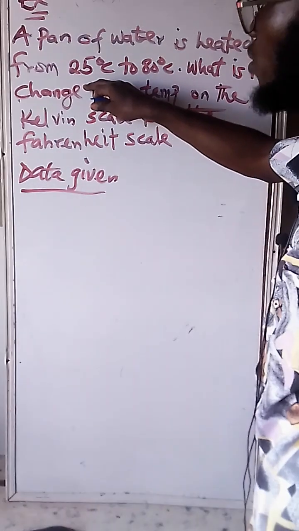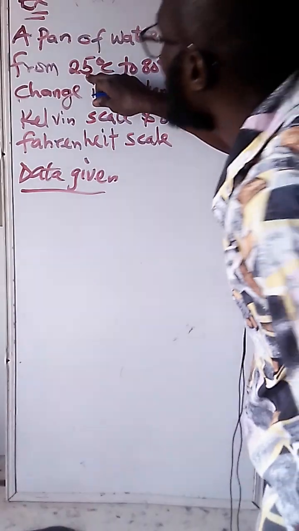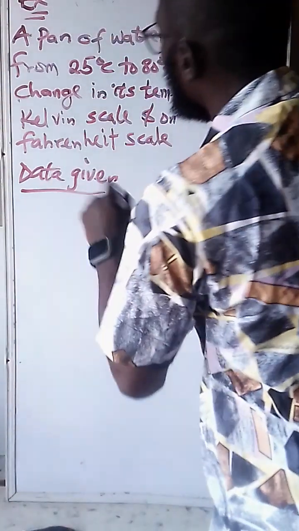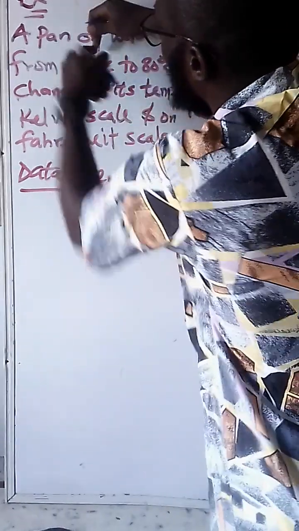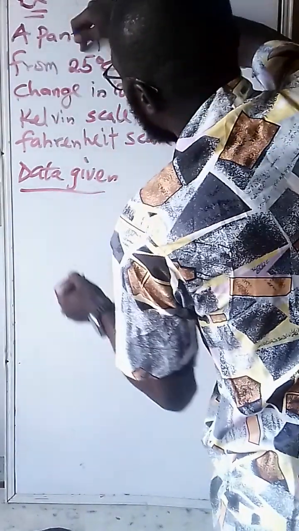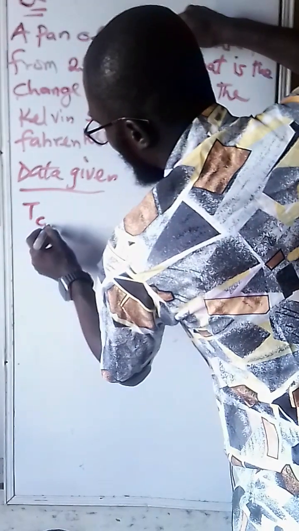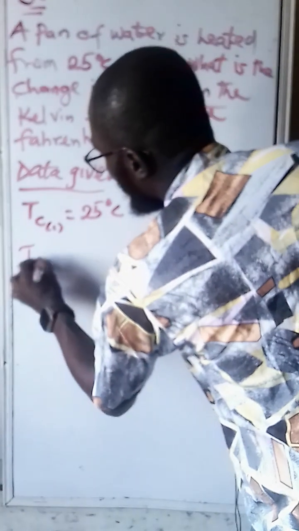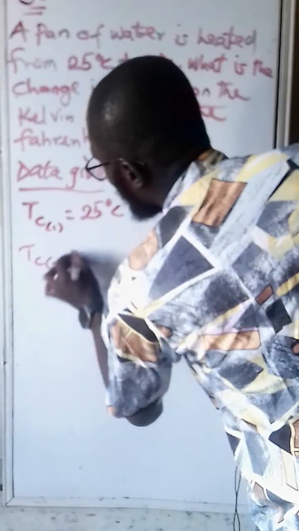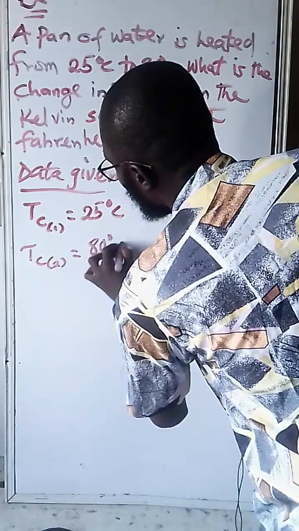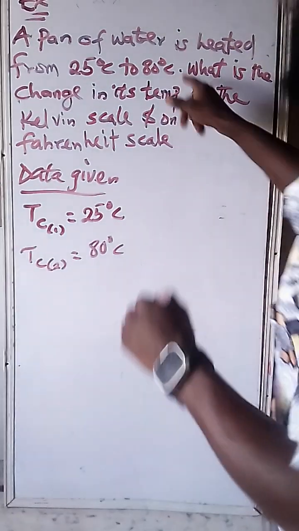We are given TC1, the temperature in degrees Celsius, which is the initial, and TC2, which is the final. TC1 is 25 degrees Celsius. Are we together? TC2 is 80 degrees Celsius. Are we together?